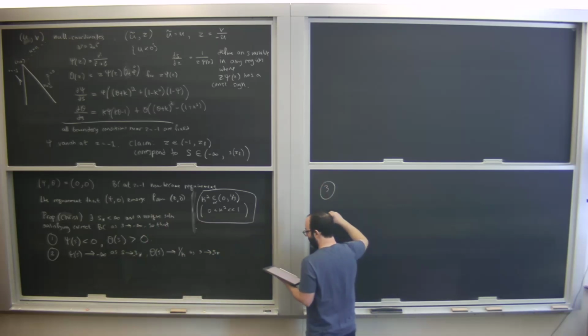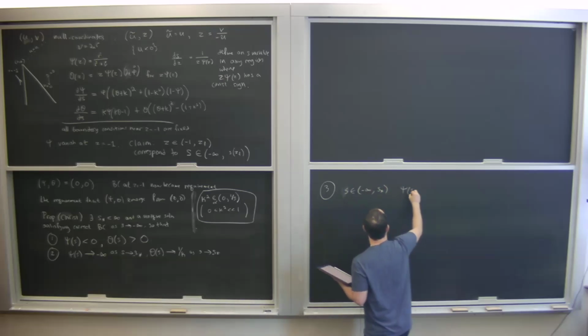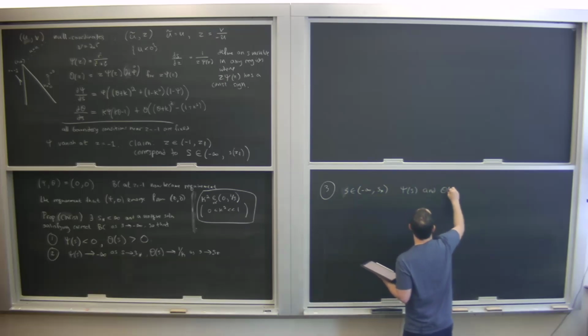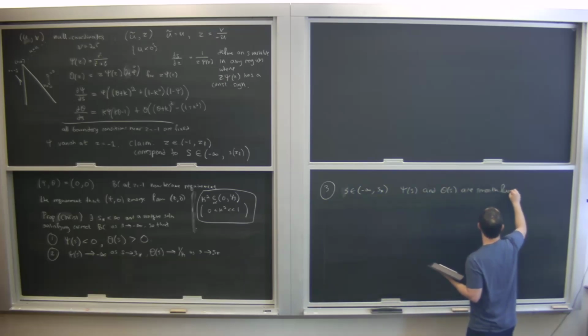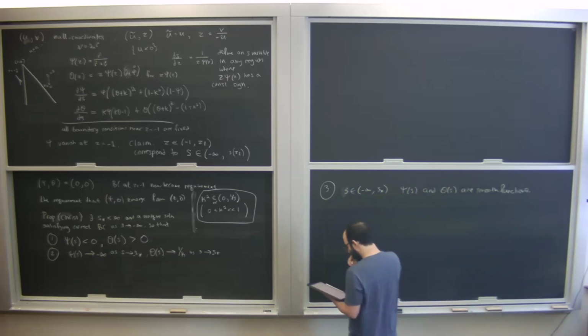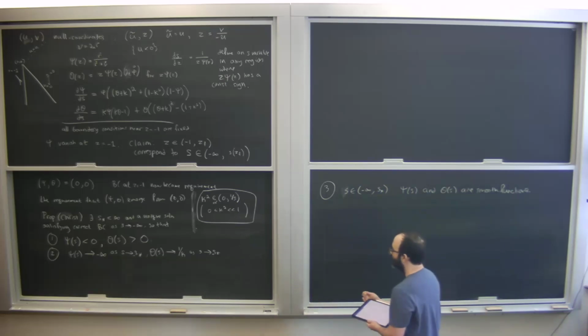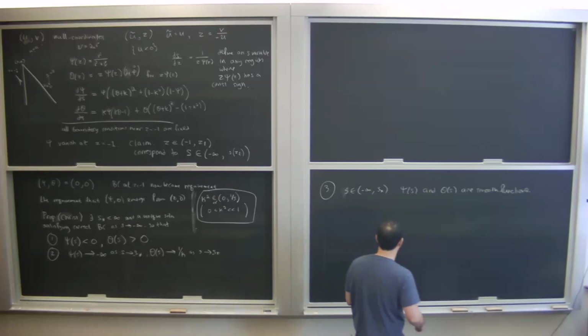All right, three. So for theta and psi, for s away from here, they are smooth functions. And you can in fact prove this first.